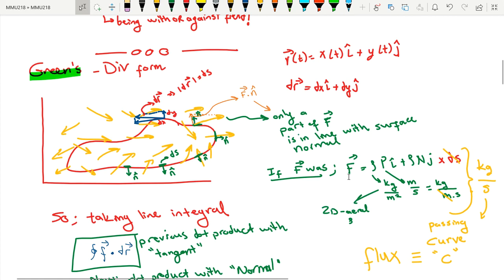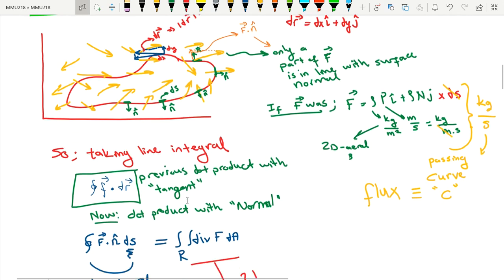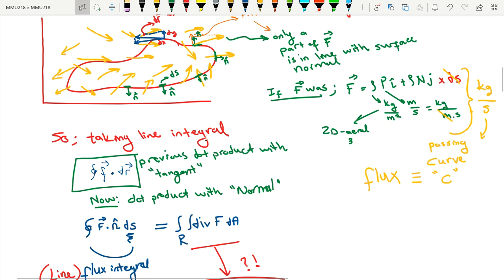So the vector field turns into a flux just by multiplying it with ds, and I'm going to be able to understand some things from the divergence form by looking at it. So taking the line integral around it, we were previously dot producting it with the tangent vector.